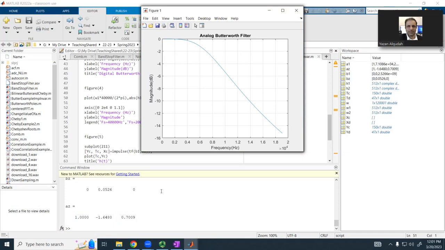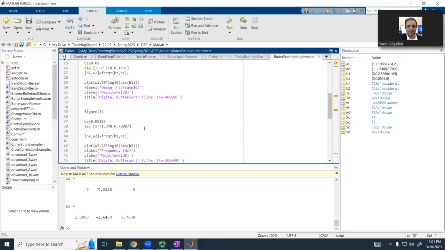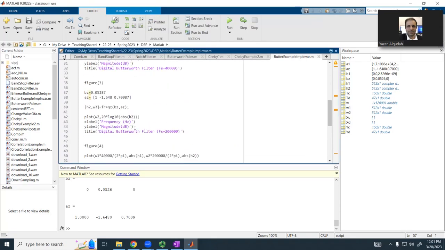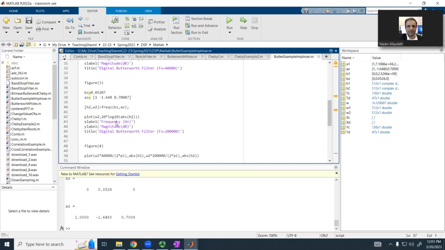For this one, because it's analog, I plot it with hertz. But when it is a digital filter, I wanted to show it with omega. So this is with omega. But again, you can control it, and this one should have been with omega too. That's what I was pointing out. Yeah, okay. This one was 3, and this should have been omega 2.